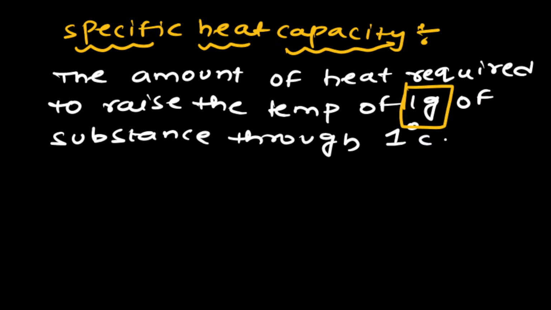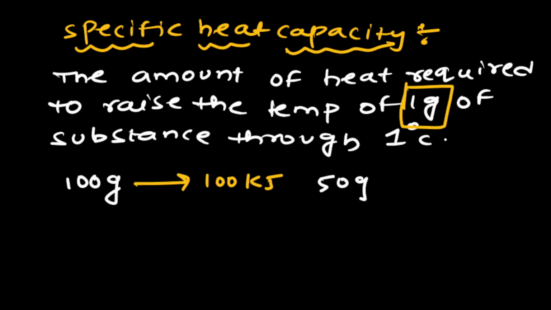Let's suppose I take 100 gram of a substance. Its heat capacity is 100 kilojoule. Clear? Next, I decrease the mass to 50 gram. When I decrease the mass, the heat capacity changes.